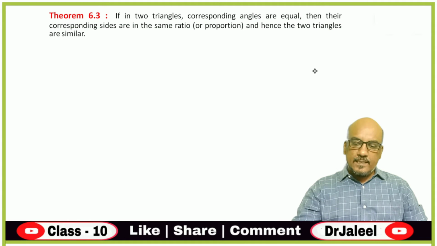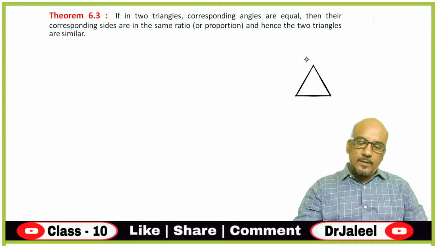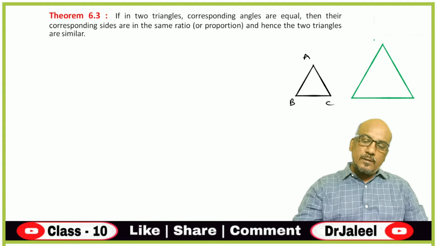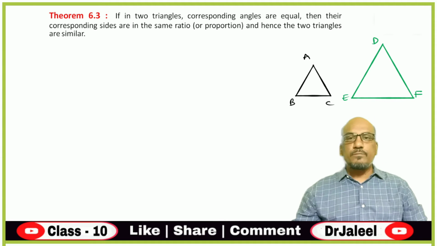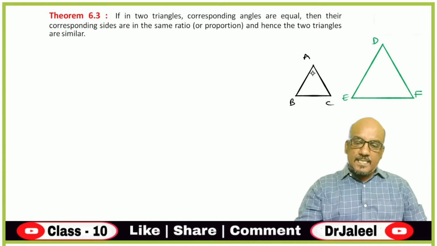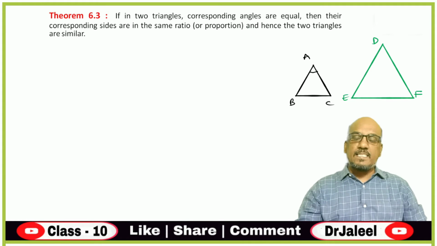Children, let us take two triangles, ABC and another triangle DEF. In these two triangles, he is saying that the corresponding angles are equal.